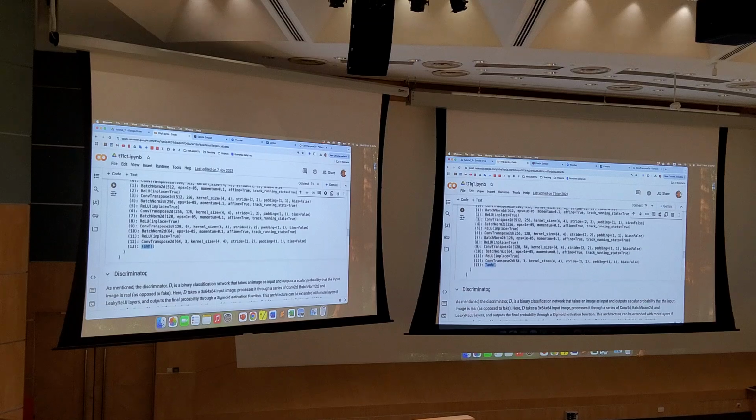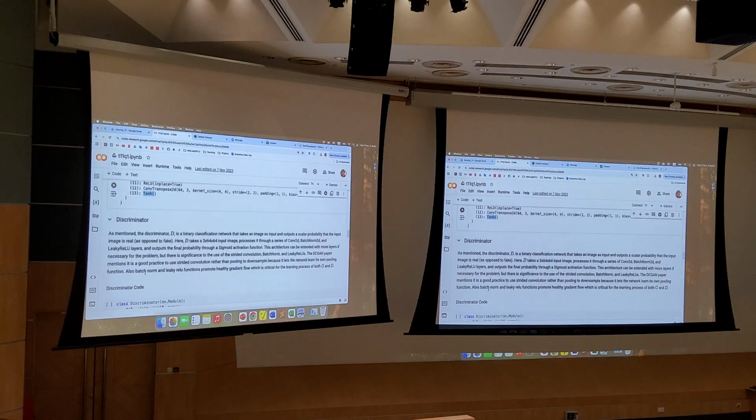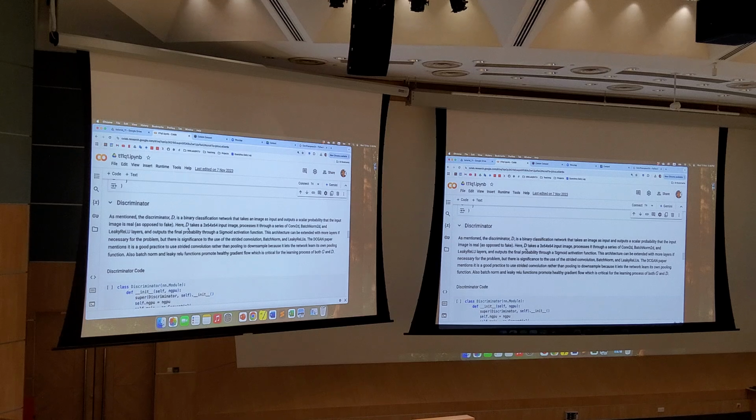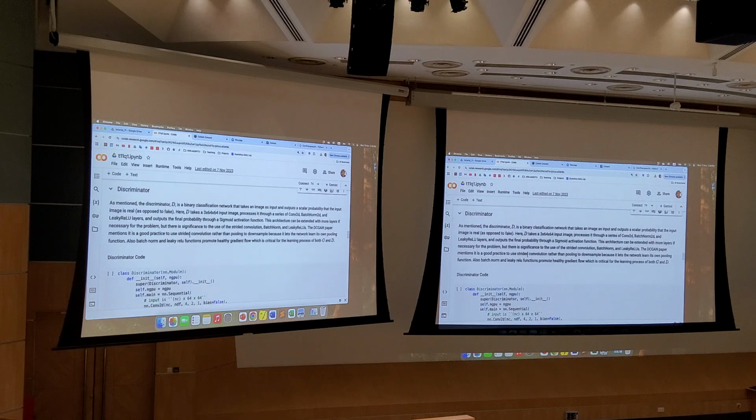Okay, that's the generator, and now the discriminator will be much easier. It will take an input of 3x64x64, and then process it with a series of Conv2D, BatchNorm2D, and LeakyReLU, and finally followed by a sigmoid activation function.